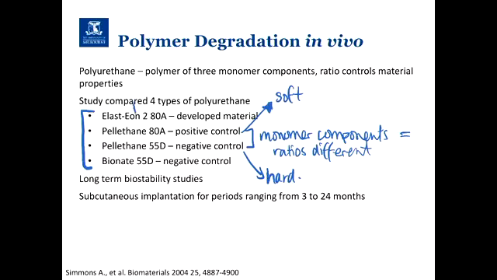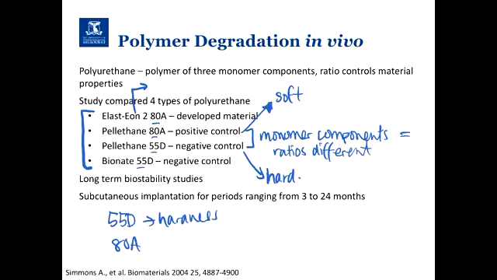This one here, so you know this 80A, 55D, 55D is a measure of hardness. So higher number, the softer it is; lower number, the harder it is. So the ones with 55D, in terms of hardness of a material, are the same, and the same with the 80As.